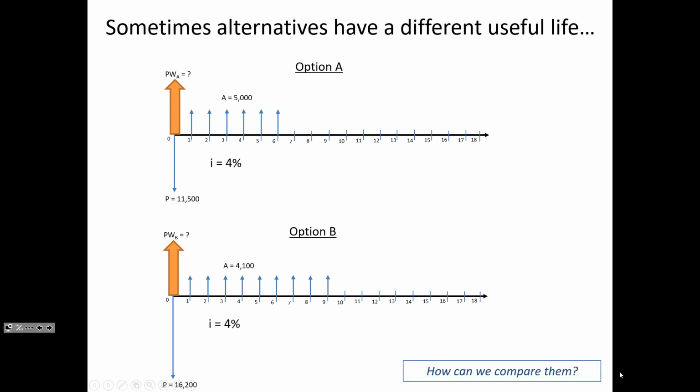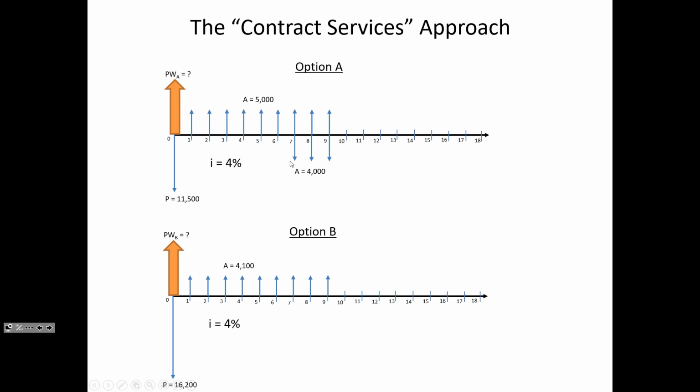So option A, it wears out after 6 years. We could go and rent the item for 3 more years, and we'd have to pay an annual rental fee, but it would be in use during that period, and then we could just give it back to the rental agency at the end of the 9 years, and we'd have a cash flow diagram with the same duration.